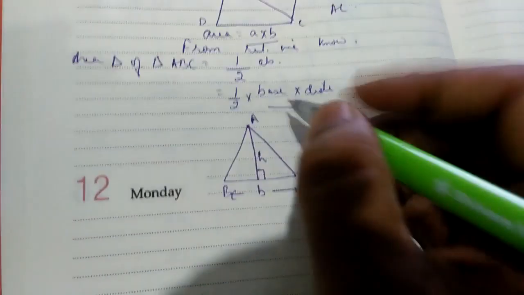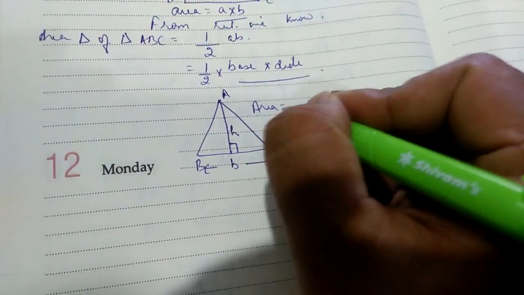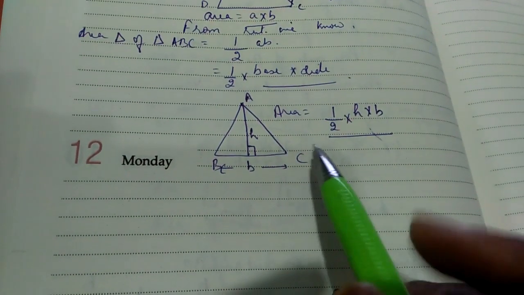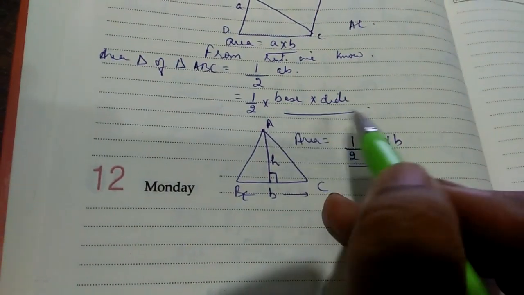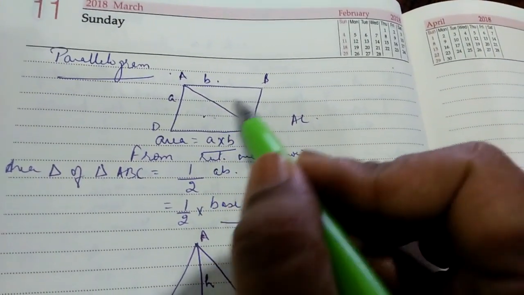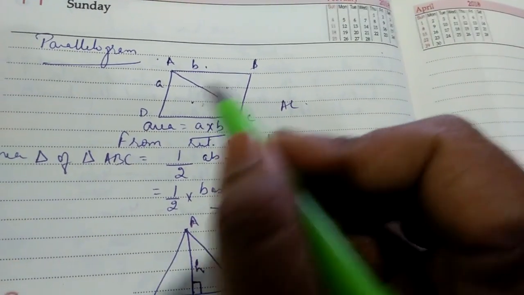These are formulas of a triangle that you must know. Half base into side, half H into B. These two triangles are the same in area, which is half of the parallelogram's area.